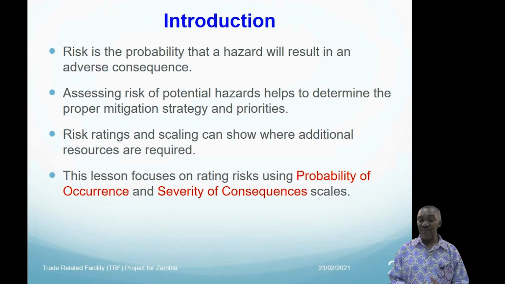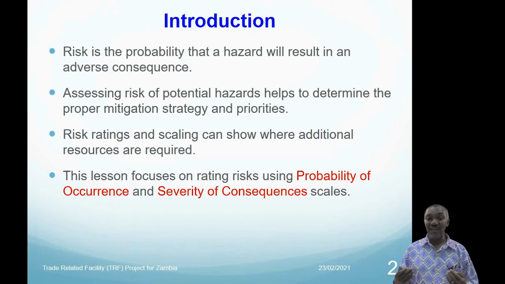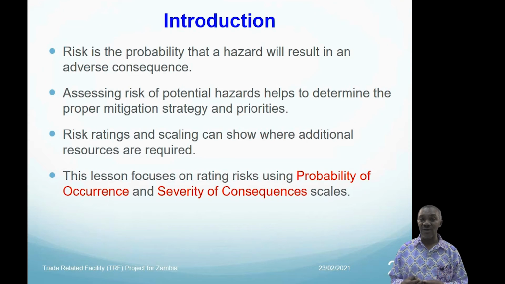For instance, if you want to import milk or beef from one particular country or region, you have to look at the likely dangers or potential hazards that can come with milk from those different sources. For you to prioritize which one is likely to be the safer milk, so that you can make a decision, you have to do some form of risk assessment.